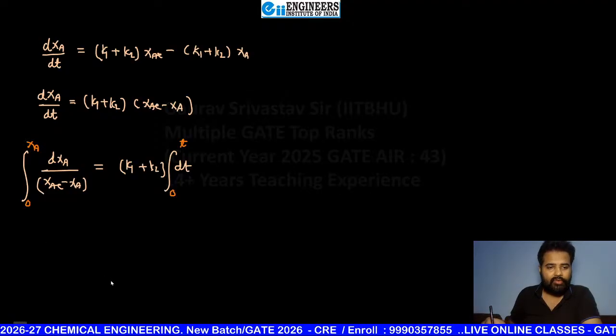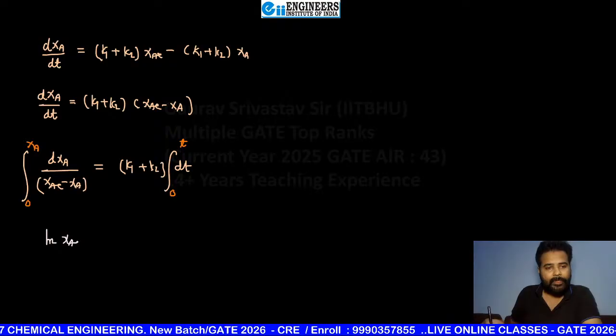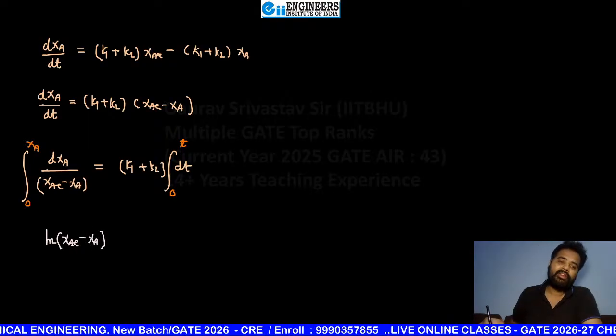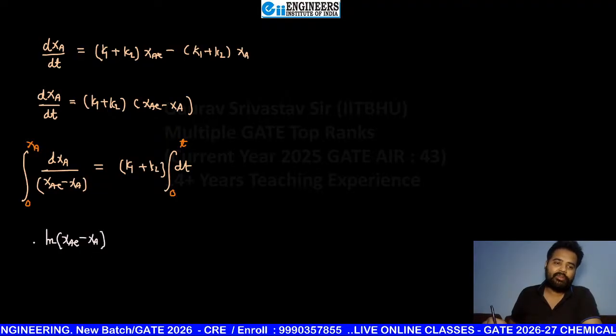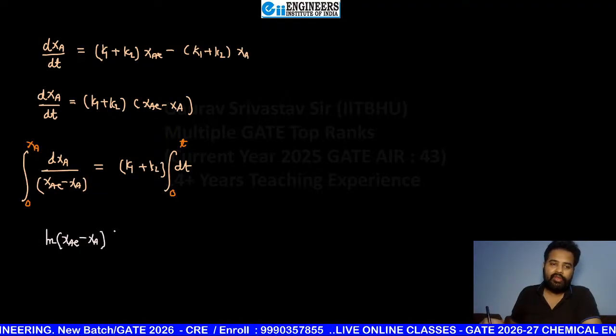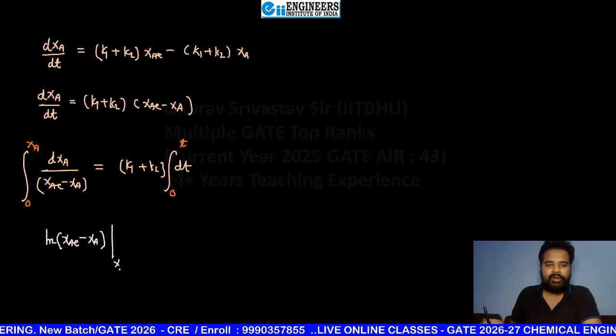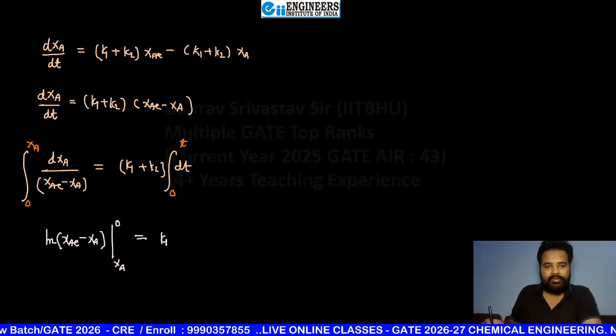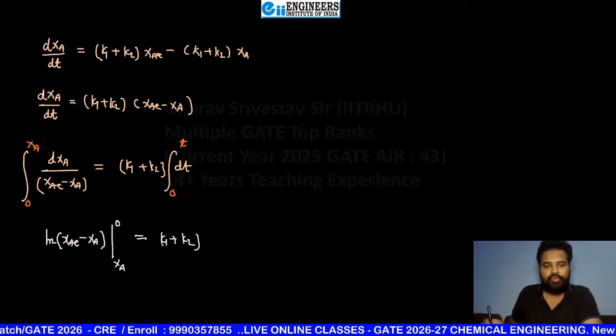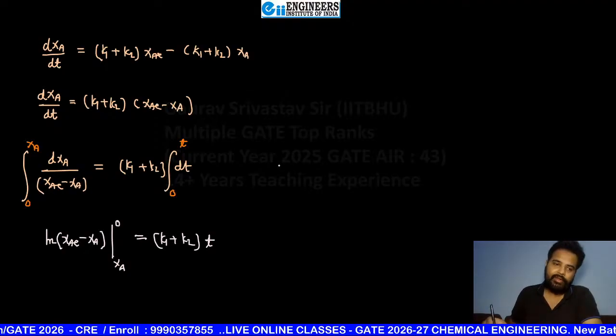So after solving, it will come ln of (XAe minus XA), then the differentiation of XA in the denominator will be 0, and minus XA will be minus 1. That means here one minus will be present. If you don't want to write that minus, just write the lower limit as upper limit and the upper limit as lower limit. On the right hand side, it is (K1 plus K2)(t minus 0), that is t.